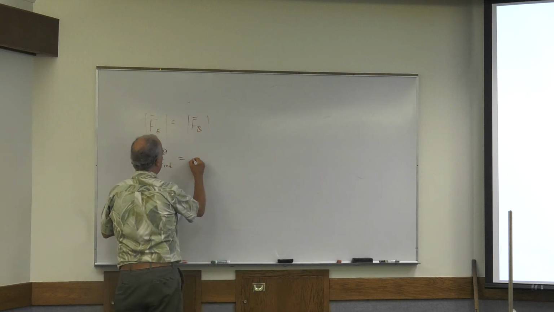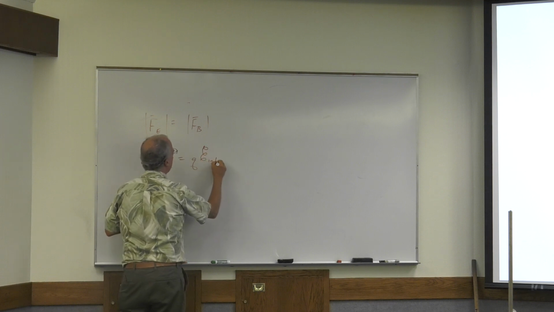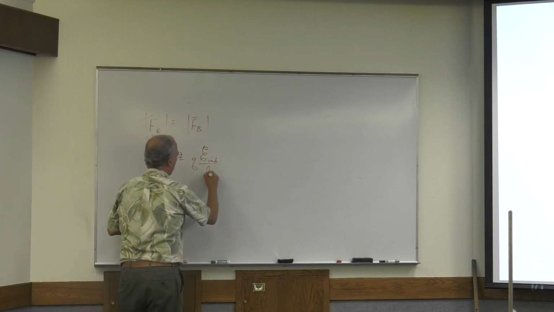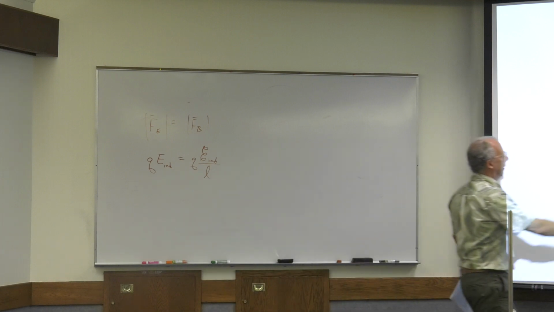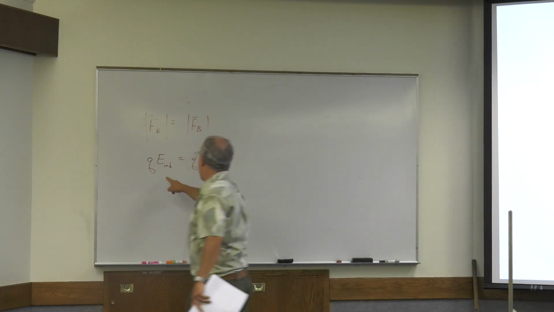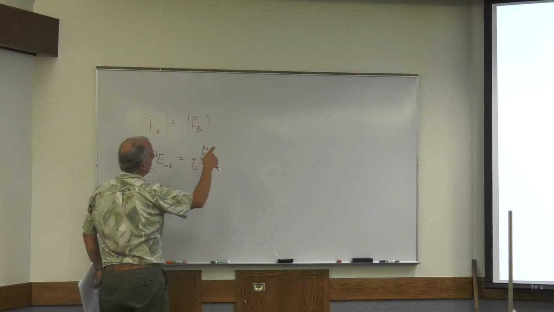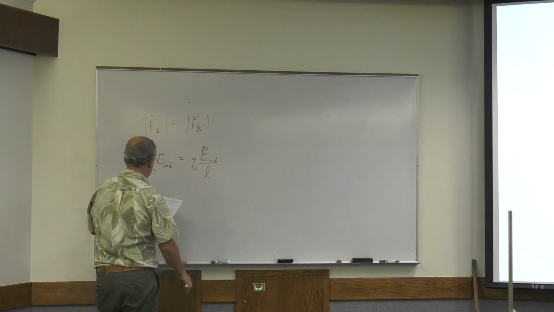So I'm going to say that E is equal to the induced EMF divided by the length of the wire. This is L, right? The length of this, I'm calling this a wire. So the induced E field equals the induced EMF divided by the length, all right?